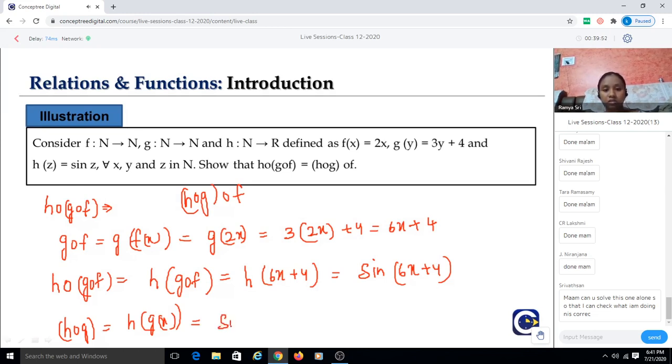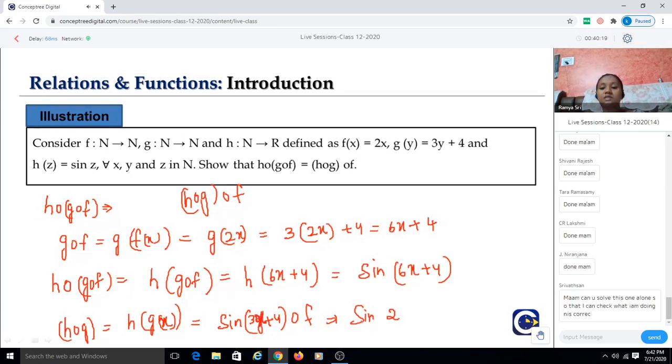So it will be sine of 3y plus 4. So this h of g of x will then be applied on f. So f will be substituted in this, so it will be sine of 3 into 2x plus 4. As in place of y we are having x, so here it should be x.